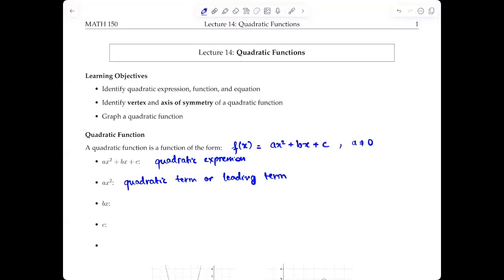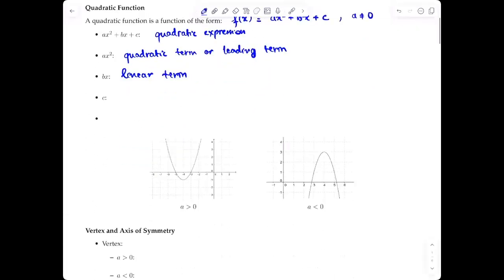Linear because x is raised to the first power. And c by itself, without any variable attached to it, is actually equal to c times x raised to the 0 power.